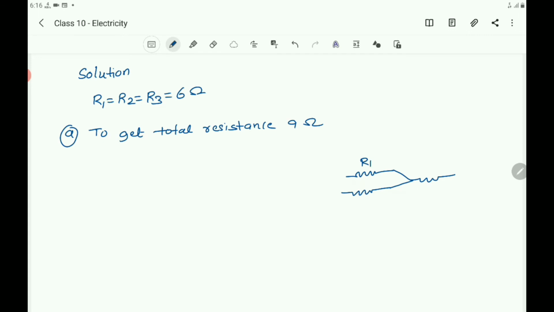This is R1, R2 and R3. Now let us verify the total resistance. Let R1 and R2 be in parallel.